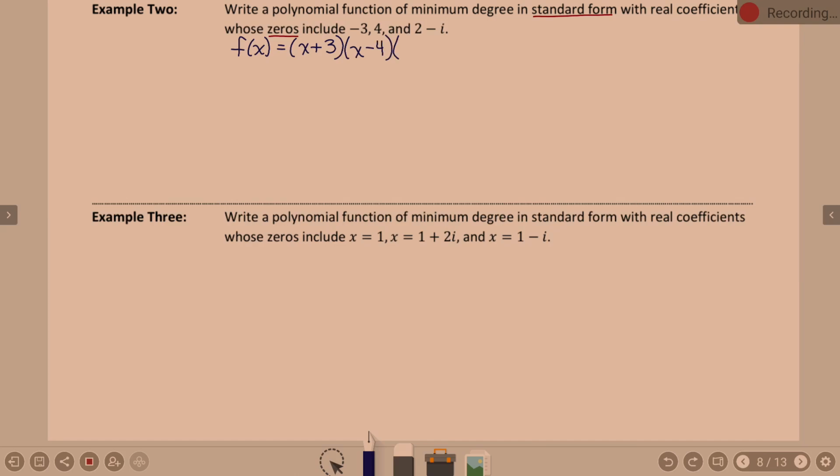Now, just to make sure everyone's on board, I'm going to write this as x minus the quantity 2 minus i. That's not exactly what Jack said, which is fine. He kind of did the next step. I'm not saying you need this step, where it's x minus that quantity, but that's officially what you're doing.